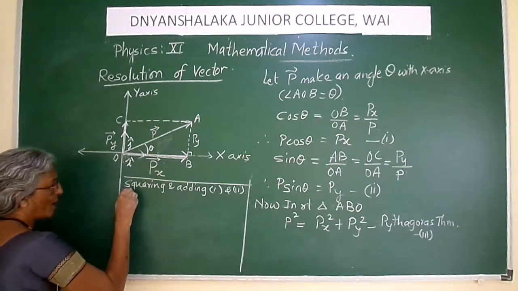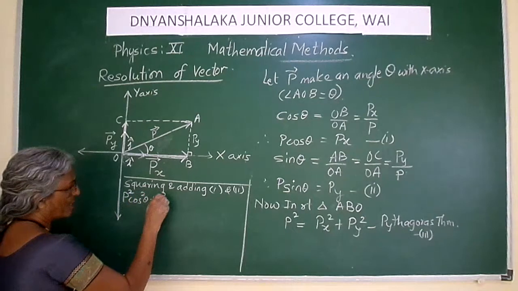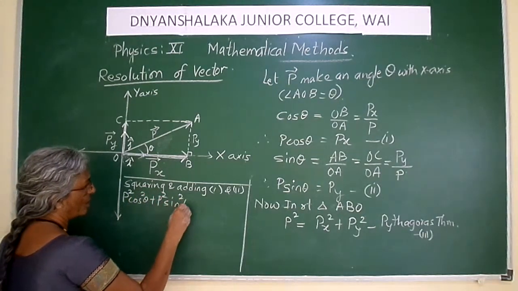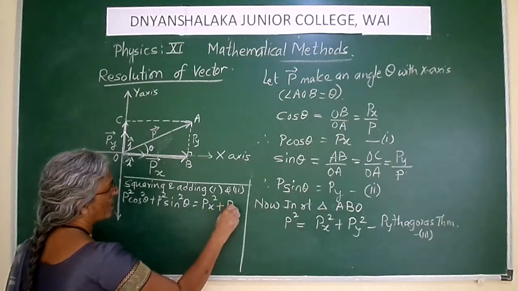Add them together. So I get p square cos square theta plus p square sin square theta is equal to px square plus py square.